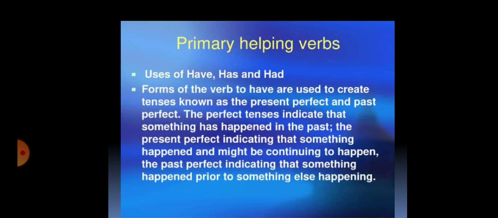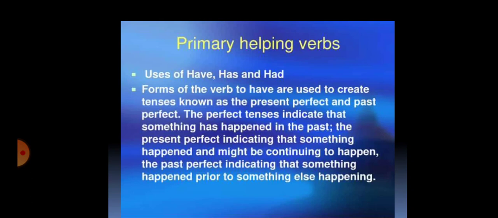Now we see the next kind of primary auxiliary, that is has, have or had. Forms of the verb to have are used to create tenses known as the present perfect and past perfect tenses. The perfect tenses indicate that something has happened in the past.